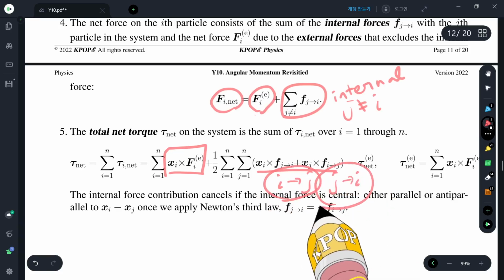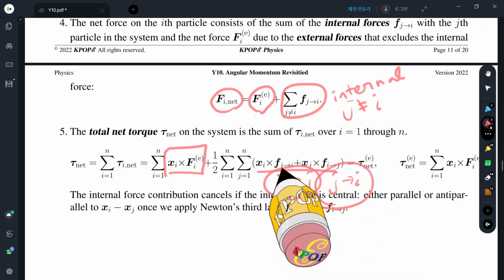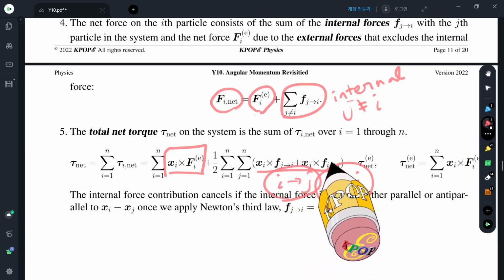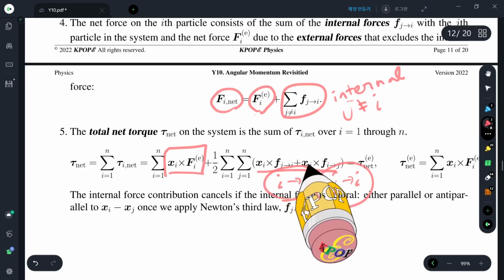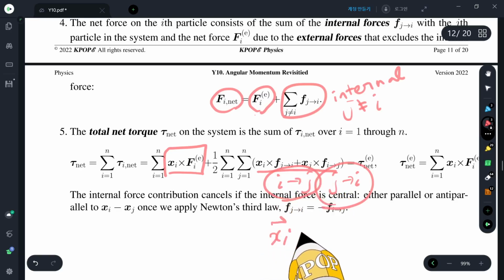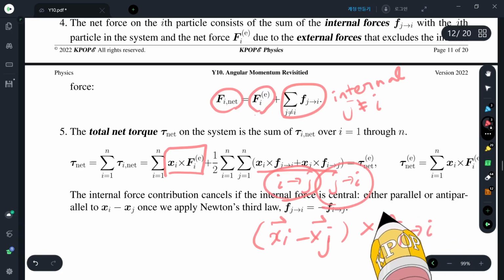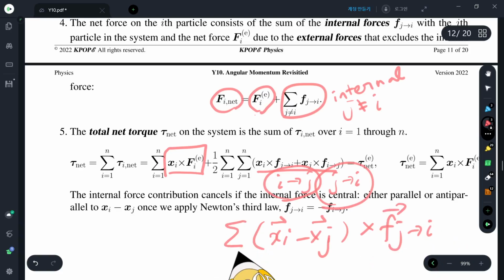Because of Newton's third law, we have opposite sign. In that case, x_i subtracted by x_j cross f_ji should be computed.